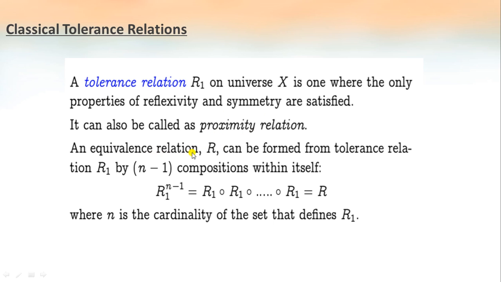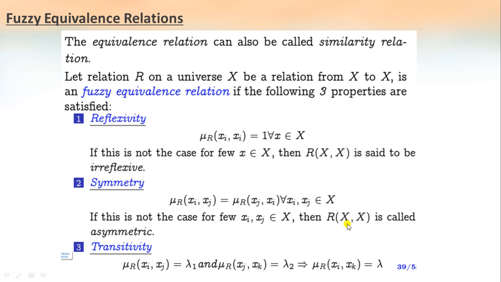An equivalence relation R can be formed from tolerance relation R1 by n minus 1 compositions within itself. So R1 raised to n minus 1 equals R1 composition R1 and so on, up to n minus 1 times, will yield the equivalence relation R, where n is the cardinality of the set that defines R1.